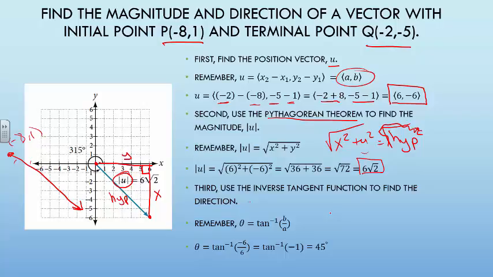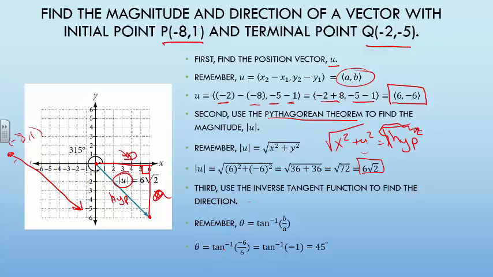Now we find that theta using the inverse tangent function. So remembering theta is the inverse tangent of b over a. So here we have a and b, which we've been calling x and y, and we plug in again.